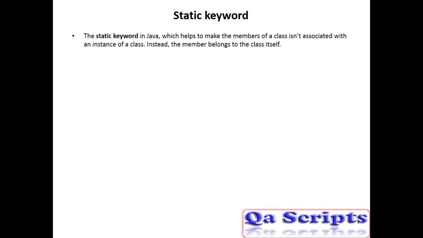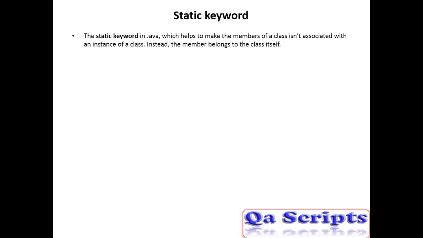The static keyword in Java helps to make a member of a class not associated with an instance of a class. Instead, the member belongs to the class itself. In the sense, we can have n number of methods and n number of instances in a class.